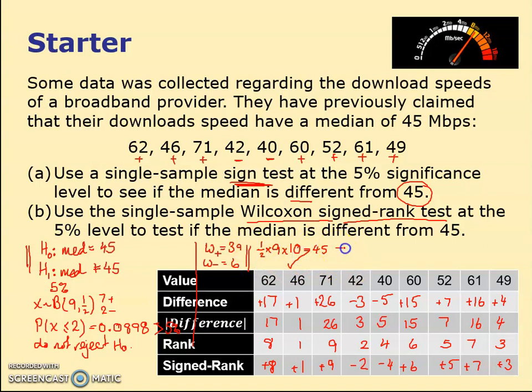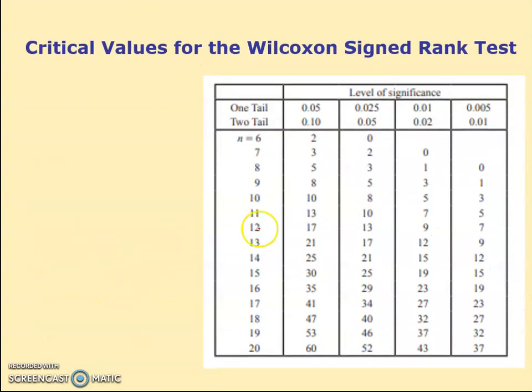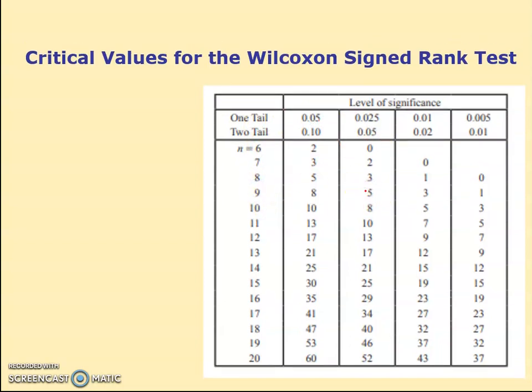So anyway, my T value I then have to check against the critical value. My T value is 6. Now what is this? This is a 5% test, and it's 2 tail. So looking at my 5% test, 2 tail is there. And my n value was 9, so I think my critical value is 5.